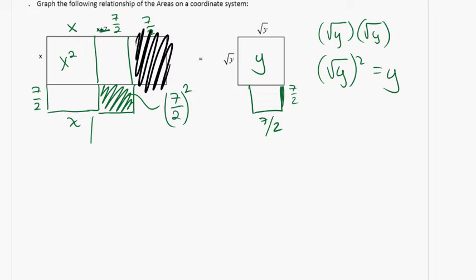Now I could say the area of this item, x plus 7 halves, squared, must equal y plus 7 halves squared, because that's what I added to the other side.